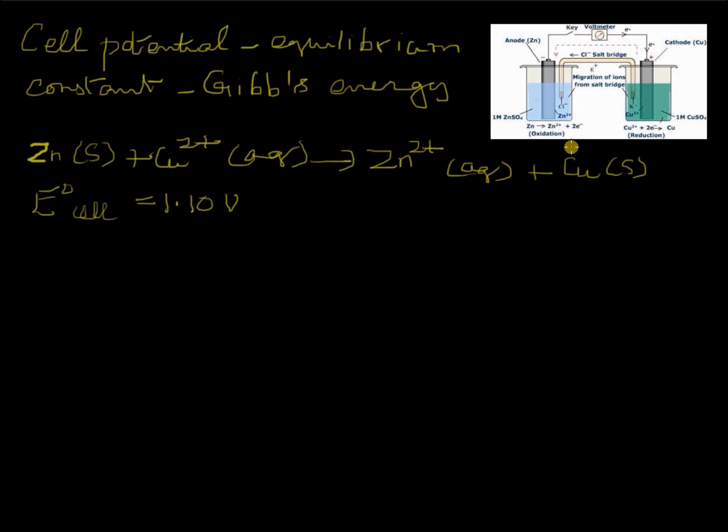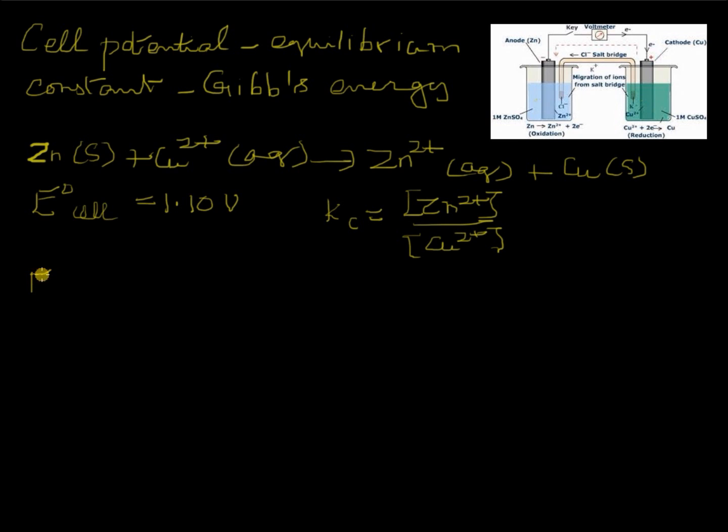Here I would like to make it very clear that the concentration of the zinc ion in this solution is not equal to the concentration of the copper ion in the cathode compartment, but their concentrations have reached constant values. Now for the above reaction which has reached equilibrium, we can write Kc is equal to [Zn2+]/[Cu2+]. That is the equilibrium constant for a reaction which has attained the equilibrium state.